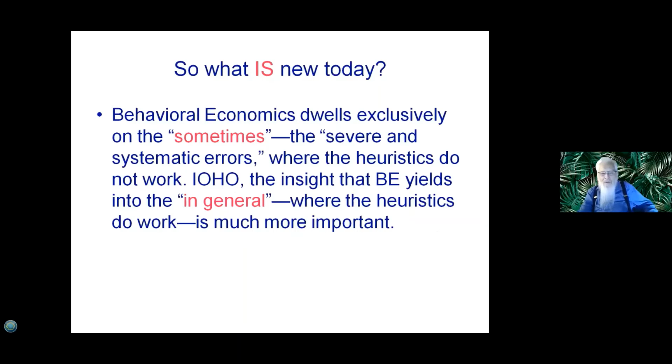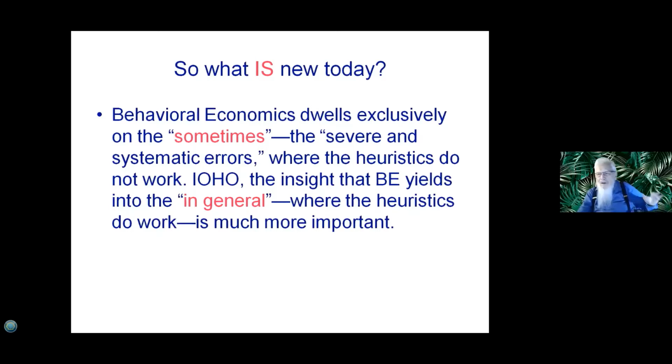It's that behavioral economics dwells exclusively on the sometimes, the severe and systematic errors where the heuristics do not work, okay? That is what they try to sell, that the heuristics don't work. But that's the sometimes, okay? It's not the usual. In our humble opinion, the insight that behavioral economics yields into the in general, where the heuristics do work, is much more important.